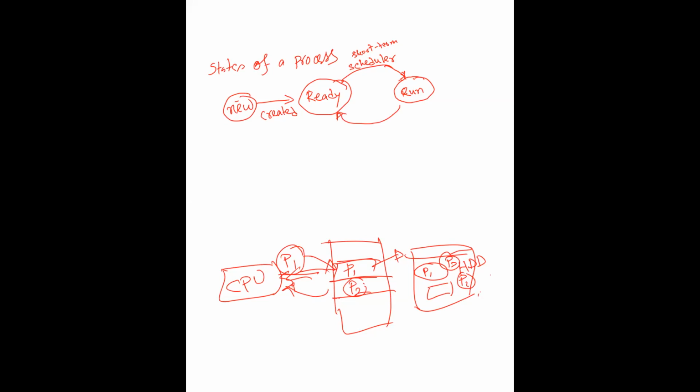For example, a higher priority process comes into the RAM. So this process stops execution, and process P2 is now executing on the CPU. So this process is now in the ready state. It goes back to memory.